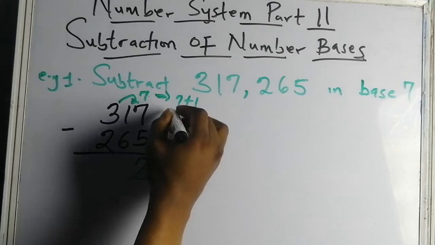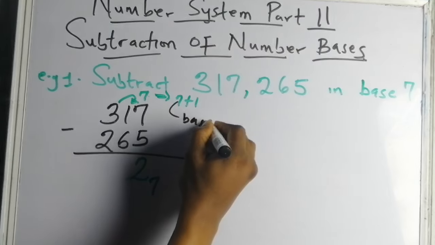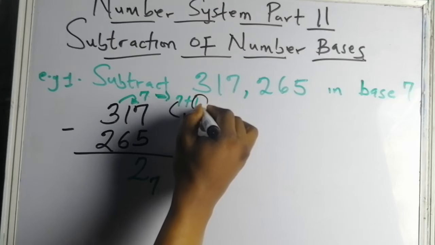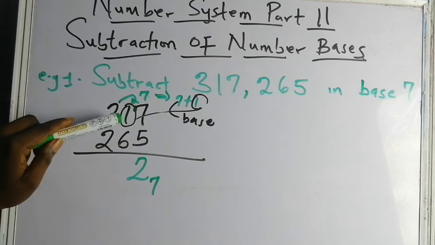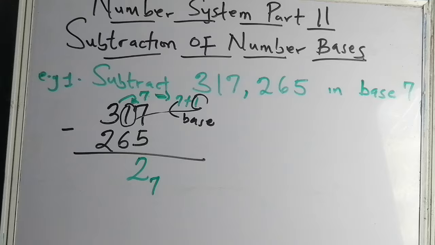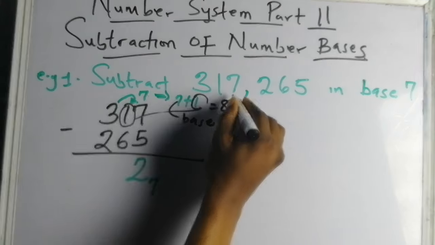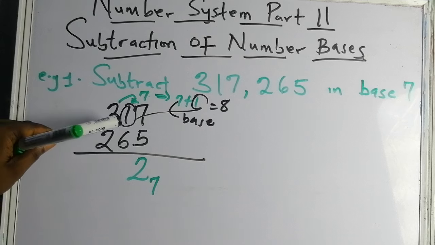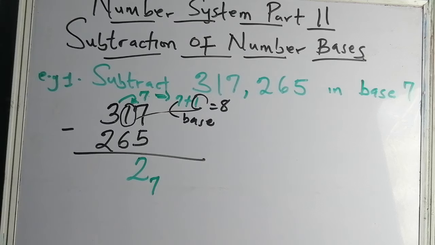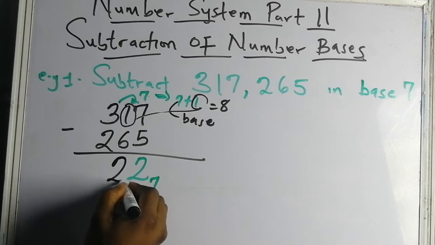The 7 is the base, and the 1 is what you have here. 7 plus 1 gives me 8. So at the end of the day, I will now do my subtraction. 8 minus 6 will now give me 2.